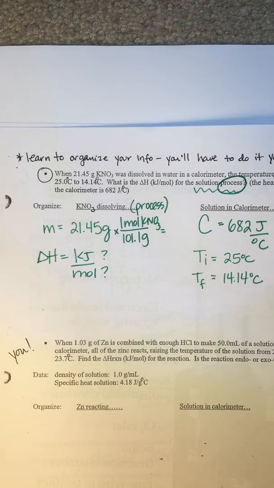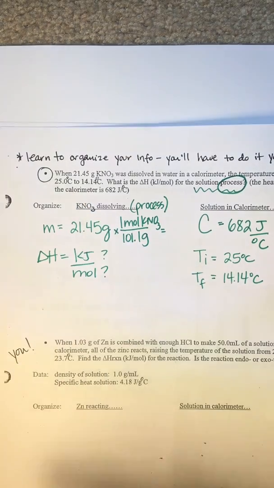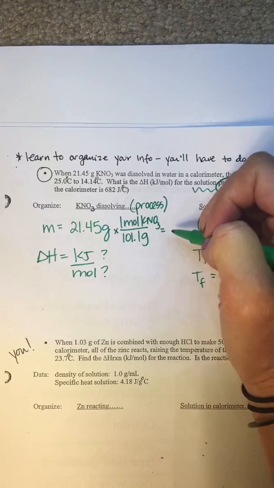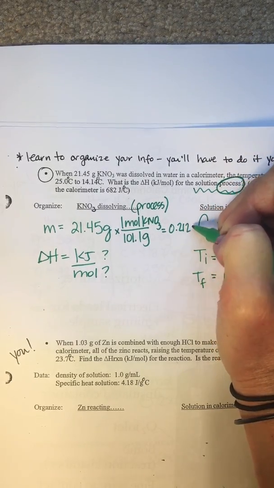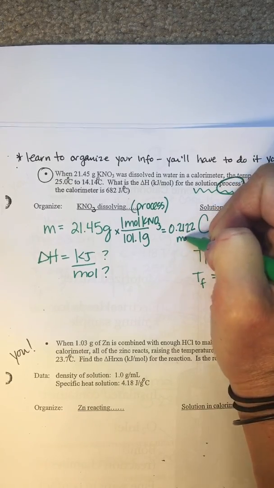You're not adding that with water. You can't combine 2 different chemicals there. We are simply dissolving potassium nitrate. We're not dissolving anything else. So when we divide that, we're getting 0.2122 moles.